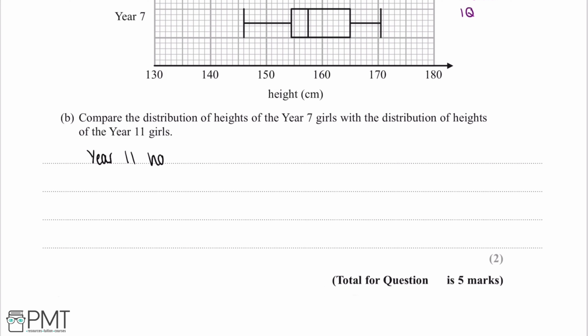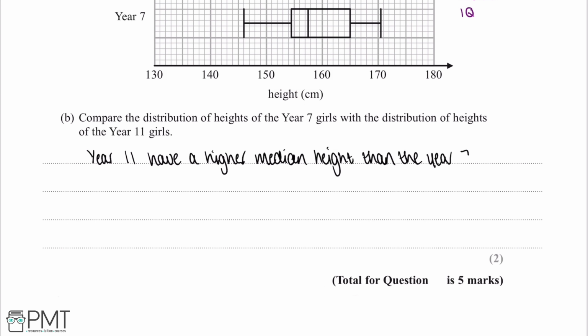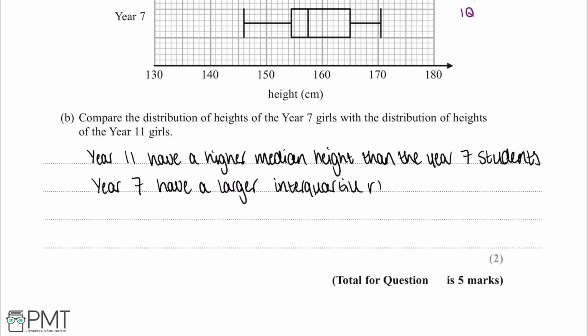So we can write something like: Year 11 have a higher median height than the Year 7 students, and Year 7 have a larger interquartile range than the Year 11s. And we get 1 mark for comparing the median height and 1 mark for comparing the interquartile range.